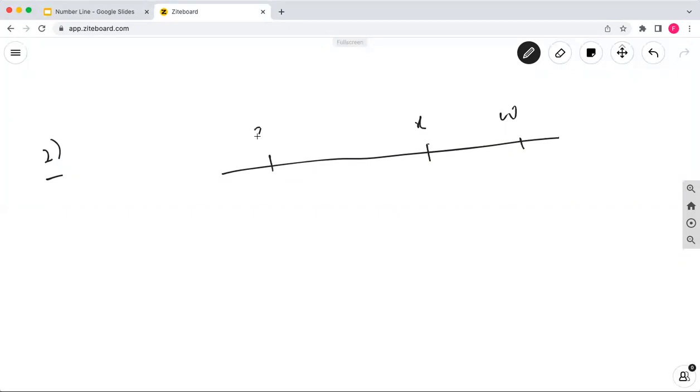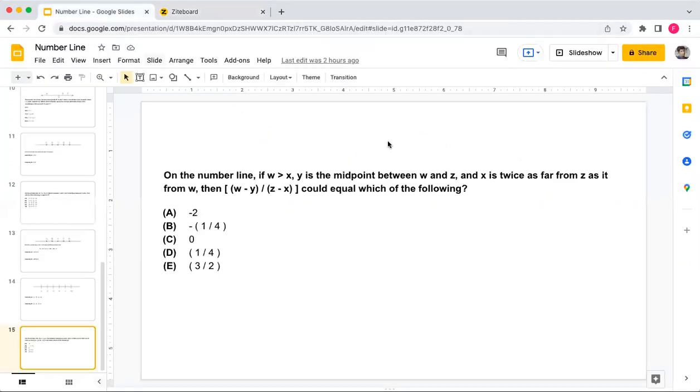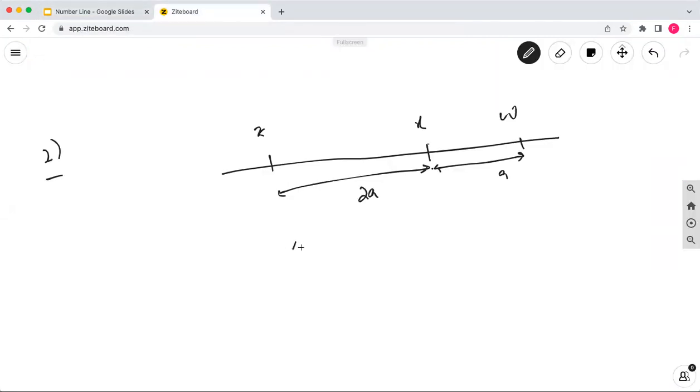So if this is Z and this is 2A, this will be A. The distance between X and Z is twice the distance between X and W. And the last thing is Y is between W and Z, right? If this total is 3A, what is the value of Y?